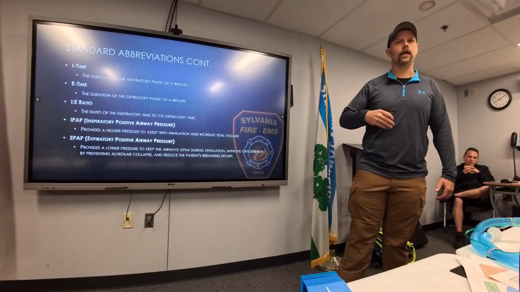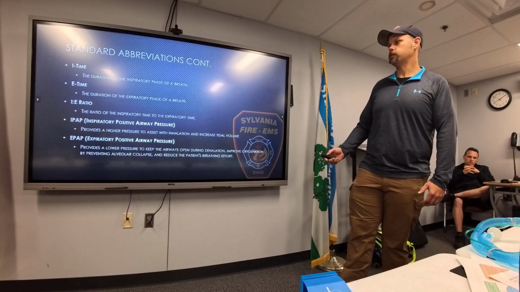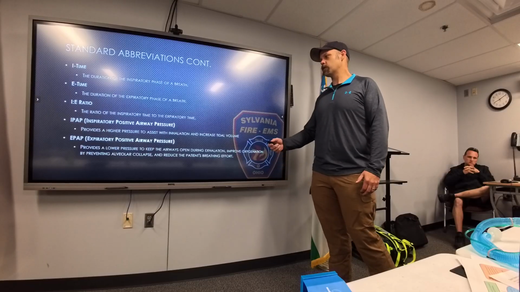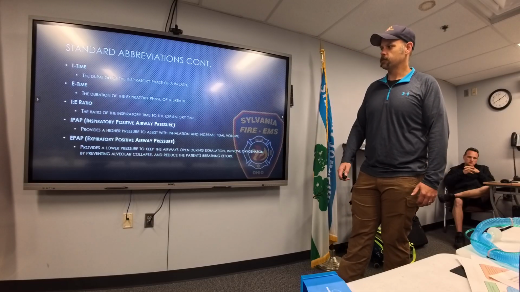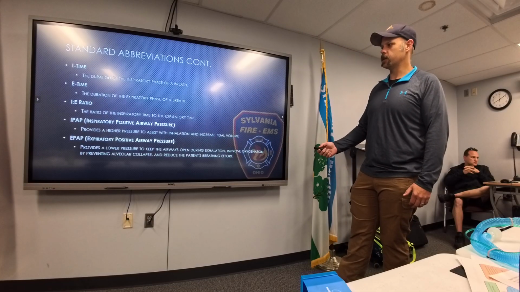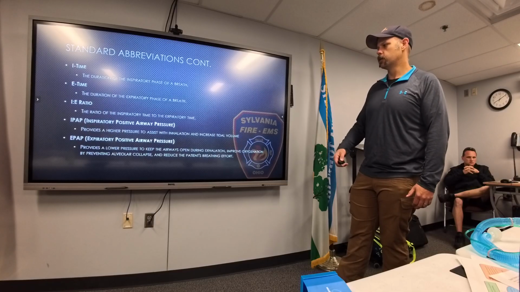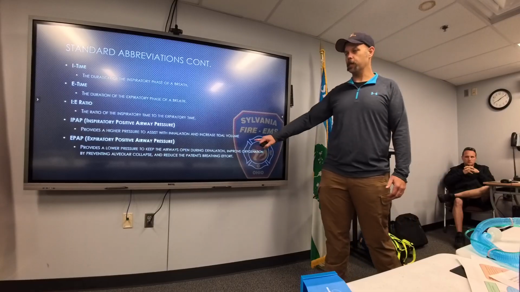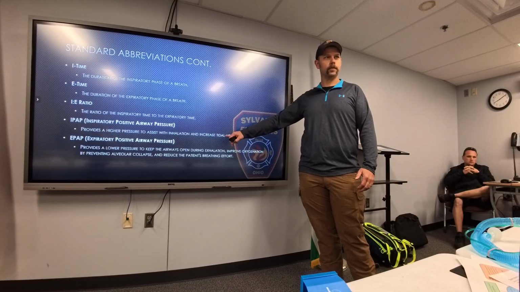You exhale for 4 seconds, that's your E time. Your IE ratio is the ratio of the inspiratory time to the expiratory time. And then you've got your IPAP, inspiratory positive airway pressure, and your EPAP, expiratory positive airway pressure. So remember, expiratory, breathe out; inspiratory, breathe in.